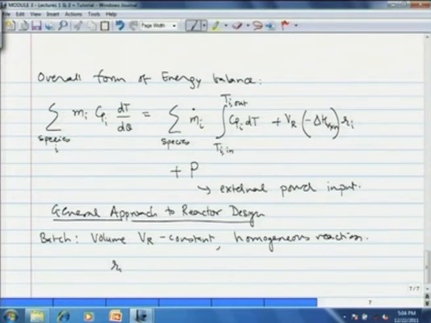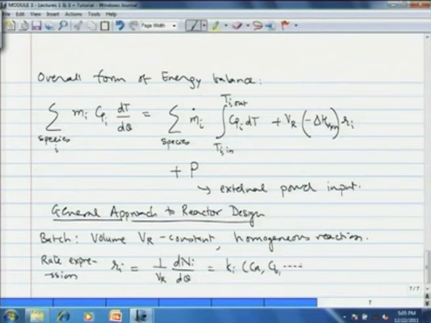Then the convenient form of a rate expression for a particular reaction in this reactor would be minus Ri is equal to 1 by Vr into dNi by d theta is equal to Ki into Ca into Cb up to Ci or Cn.